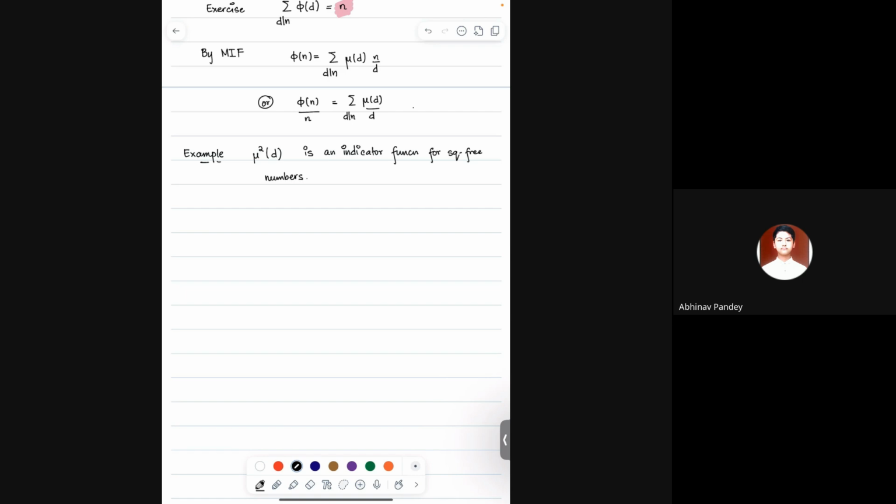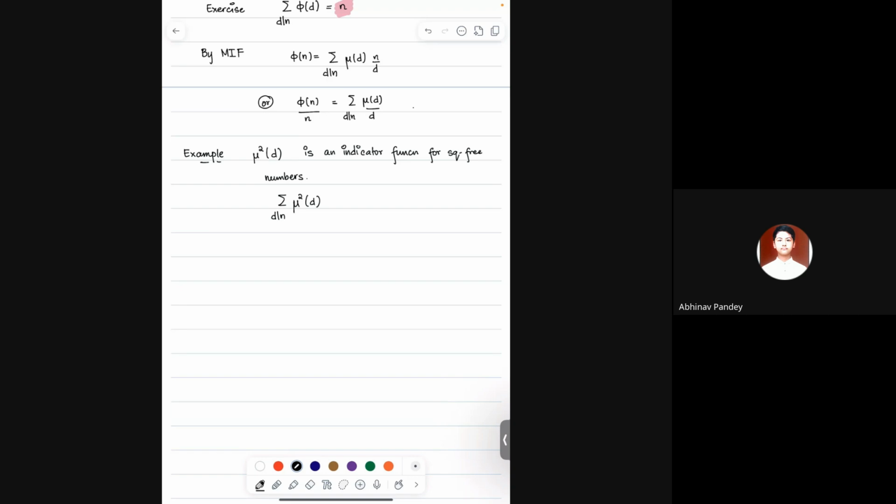And what do you get when you're summing over mu squared d, d dividing n? If your d has a square, if your d is not square free, you're going to get zeros.